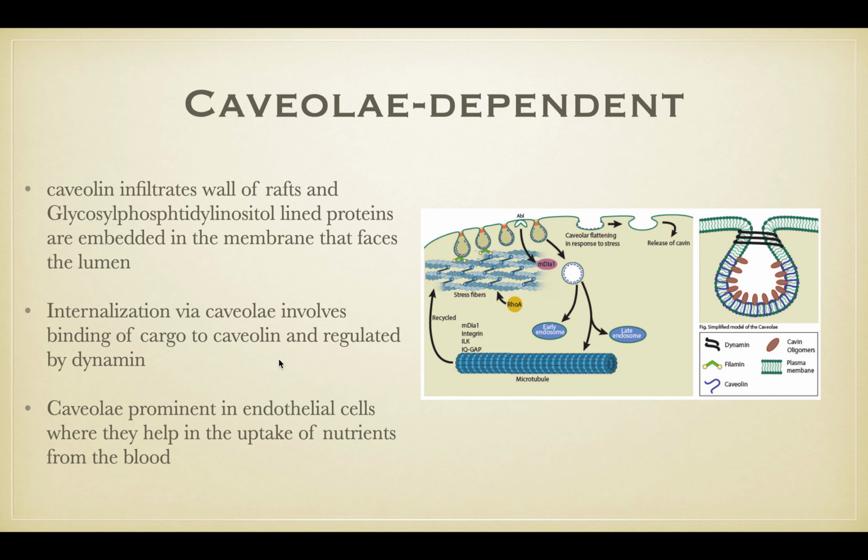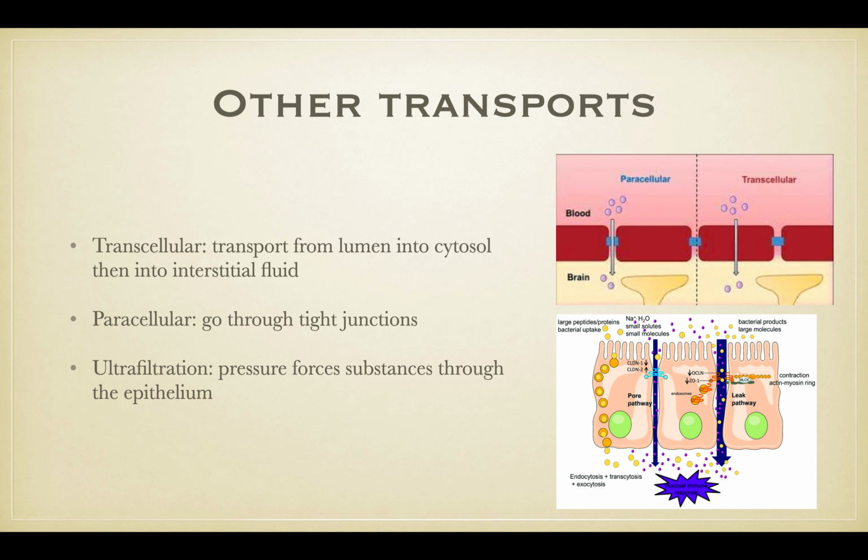And these are going to be prominent in the endothelial cells, where they help in the uptake of nutrients from the blood. As you can see here, it's the same thing. It reuses the caveolin, and then they recycle the microtubules. There's these other different kinds of transporters.